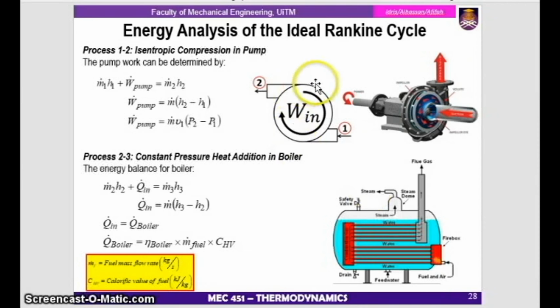Okay, the analysis of the ideal Rankine cycle, based on process number 1-2, which occurs in the isentropic compression in the pump. Actually, the pump is an open system.